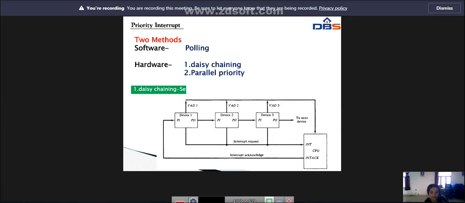These three devices are going to provide the interrupt request.